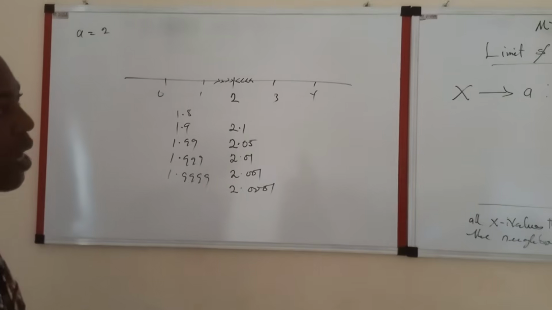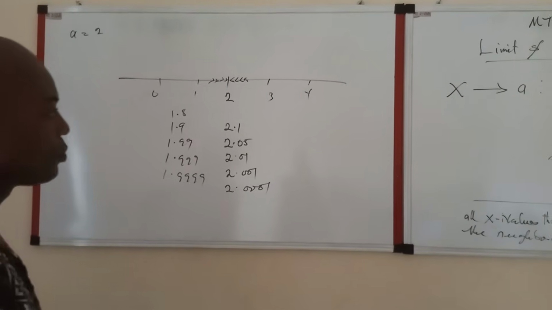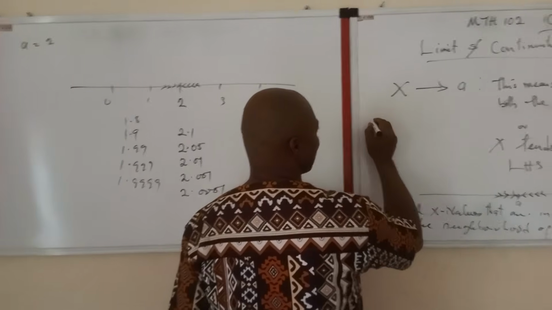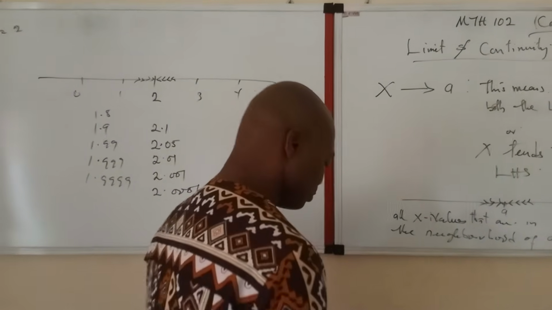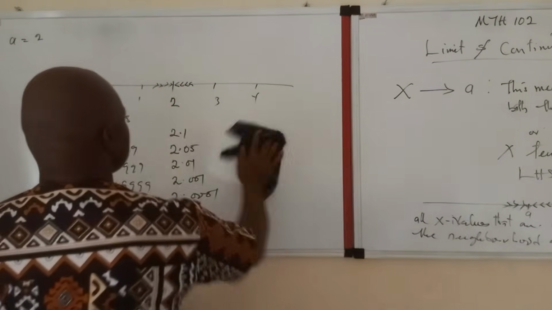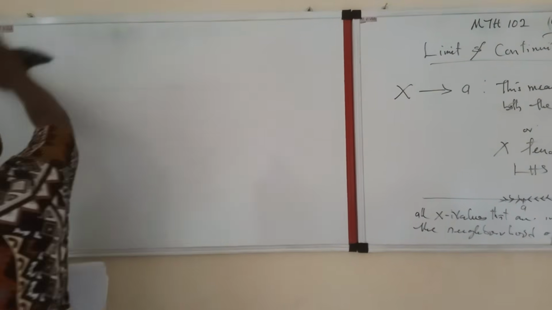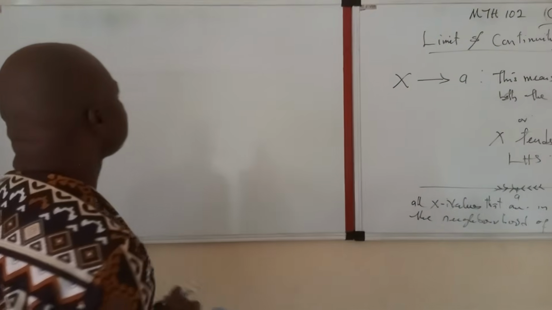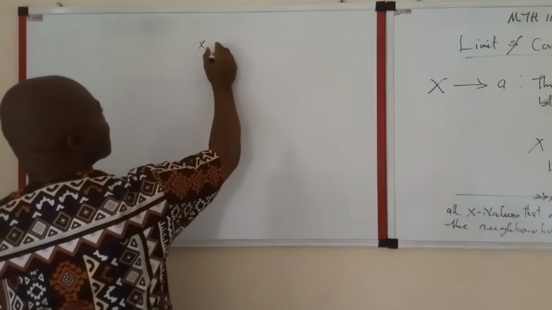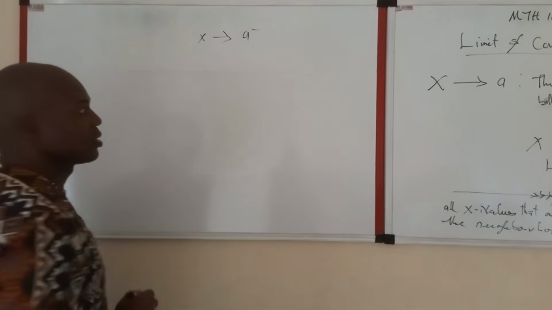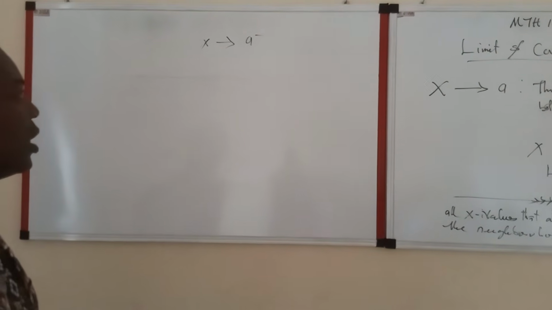Now, before we consider examples, let me also write this. Let's say these that we have: x tends to a from the left.